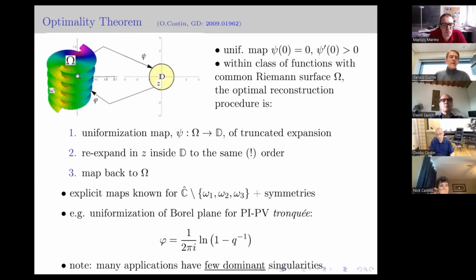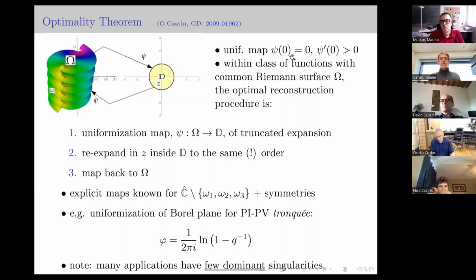And in general, you're going to be given some number of coefficients of the expansion of your function around the origin on this Riemann surface. Now, if you knew the structure of the Riemann surface, namely you knew where the branch points were and the various structure of, say, the natural branch cuts, you could make a uniformizing map into the unit disk in general, which can be normalized like this.